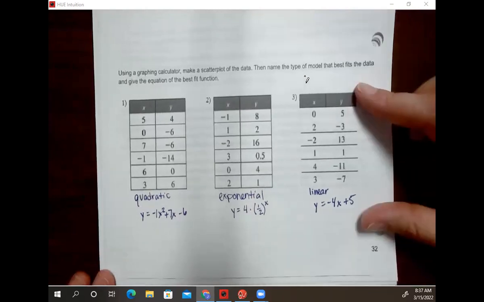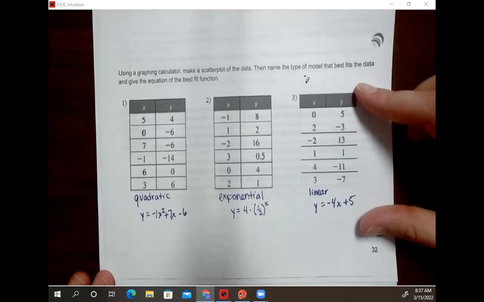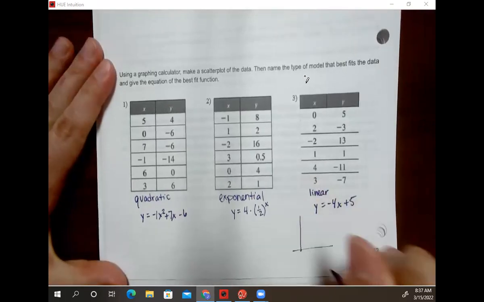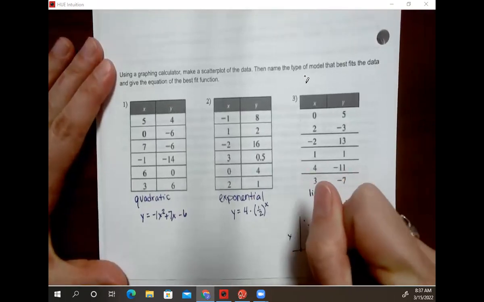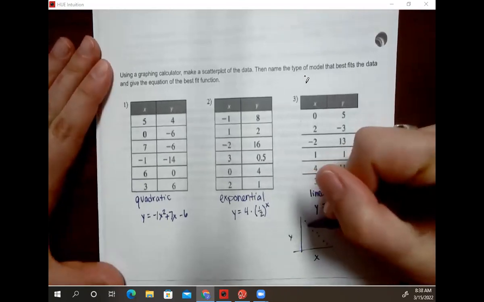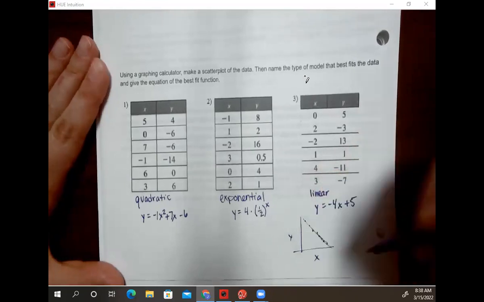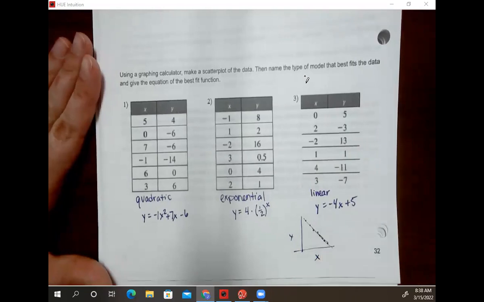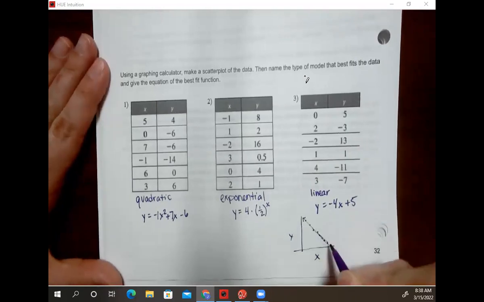So you would have done that by hand with linear functions probably at some point where you put on a graph your x values and your y values and plotted them. And then you grabbed probably a ruler and tried to make the straightest line and hit as many points as you could. And if there were some below, there had to be about the same amount above. And you said, this is my best fit line.